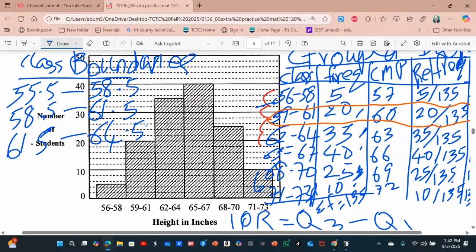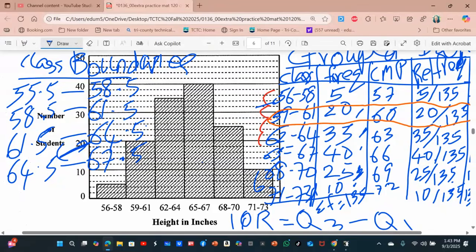The limit is 65, therefore the lower class boundary is 64.5. By the way, you want to make sure that they are the same. And then the upper class boundary of the fourth class is 67.5. So I'm rewriting the classes with boundaries this time.